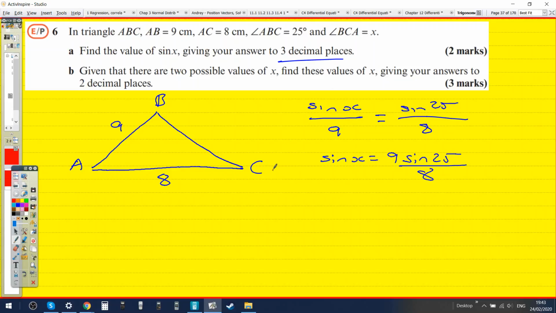So I got 0.475. Yeah. Okay. And then B. Okay, so if in the triangle it's 25, would I need to do sine minus 1 of 0.475?